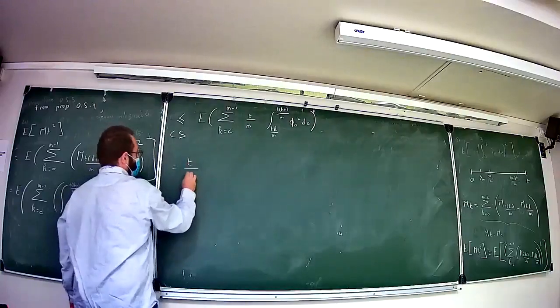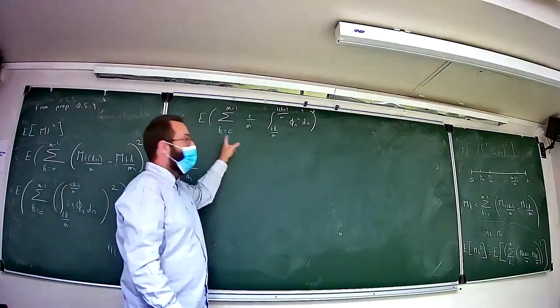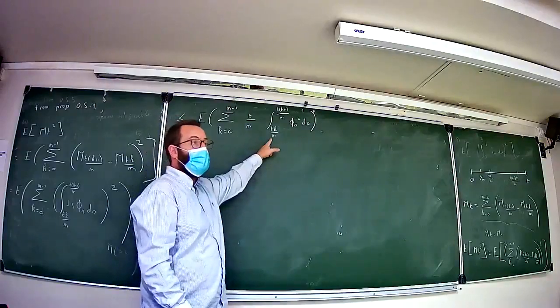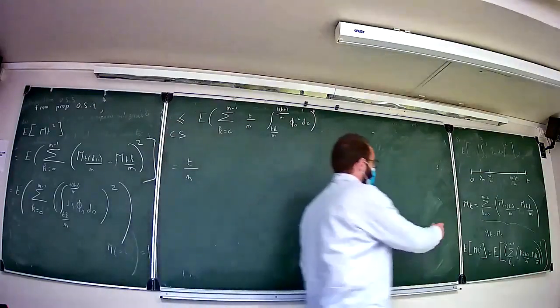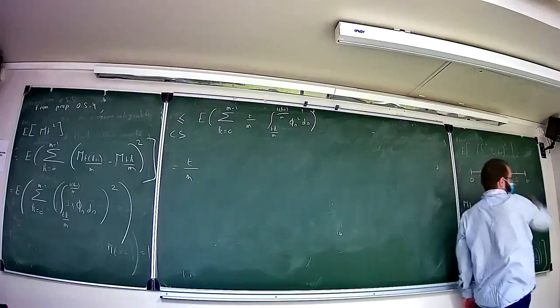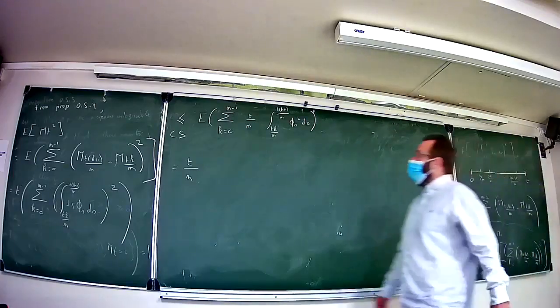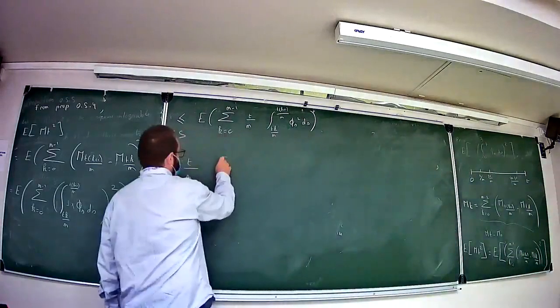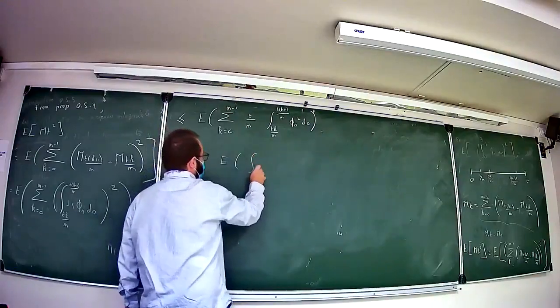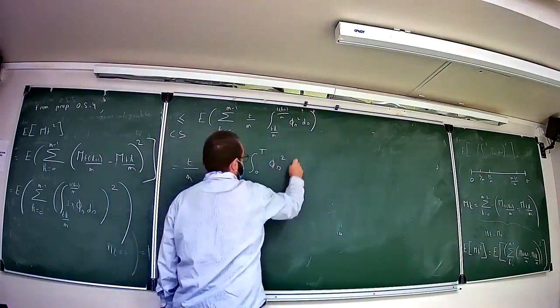So I have t over n before, and then I have the sum of these integrals: integral between 0 and this one, integral between this one and this one, and so on, and using Chasles relation for integrals, I have just the expectation of the integral between 0 and capital T of phi square.